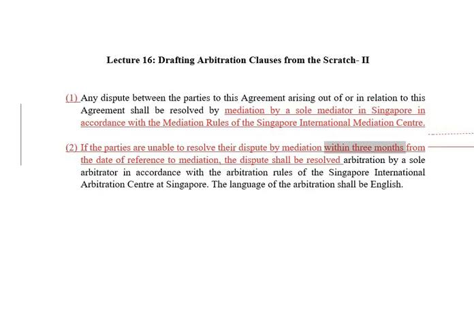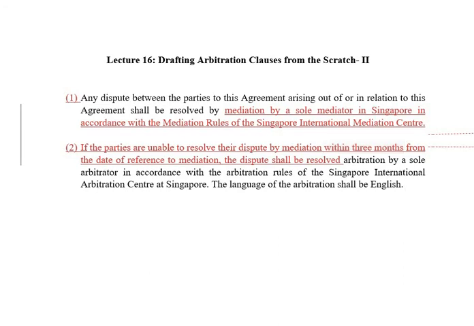But you should also specify from when that 3 months or that definite time period will be computed. Here it is the date of reference to mediation. So if the dispute is not resolved through mediation within 3 months from when the date of reference to mediation was done, then the dispute would be resolved by arbitration.